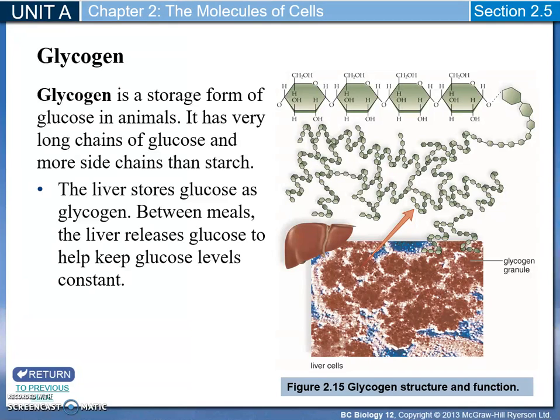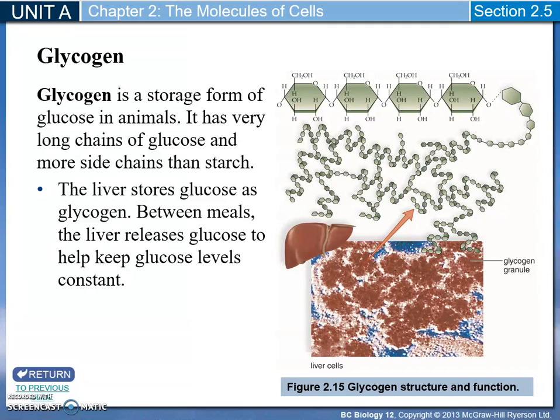So it has very long chains of glucose, and it has more side chains than starch does. So the liver stores glucose as glycogen. Between meals, the liver releases glucose to help keep glucose levels constant. We also store glycogen in muscle as well, actually.